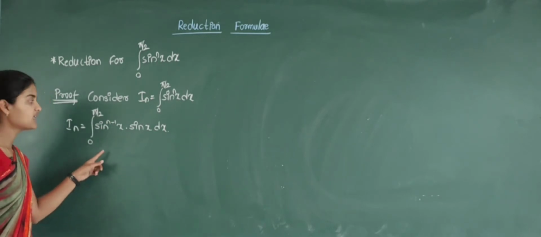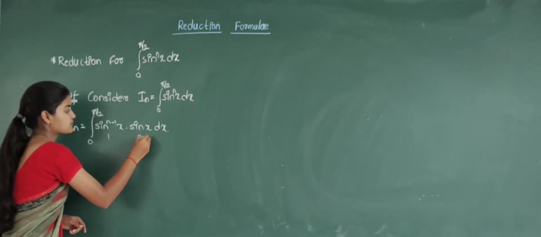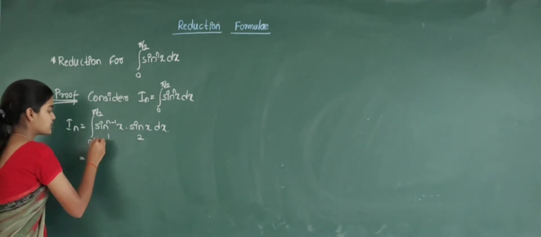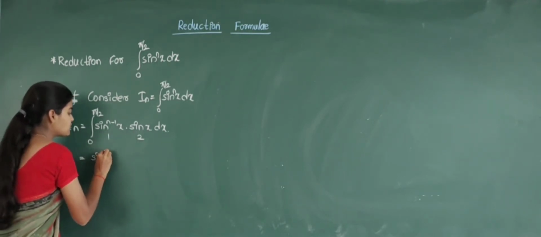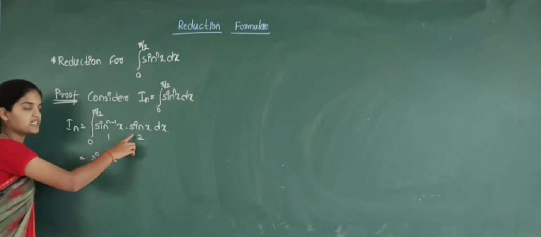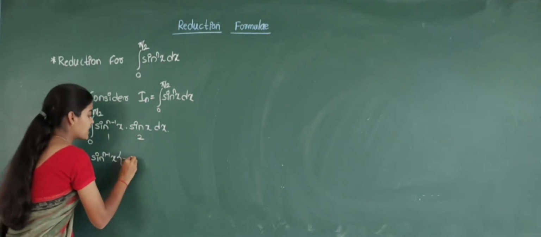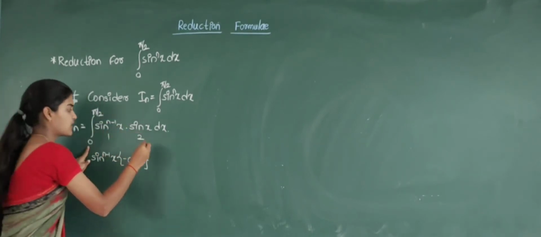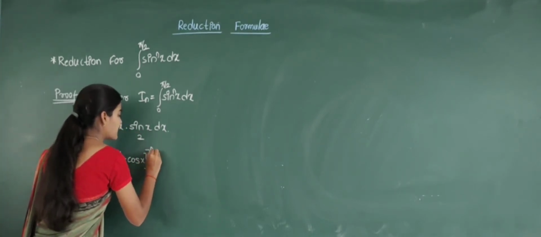Now apply integration by parts, taking this as the first and this as the second function. So we get the first function as it is, sin raised to n minus 1 x, then integration of sin x is minus cos x. Here the limits are there, so write them 0 to pi by 2.